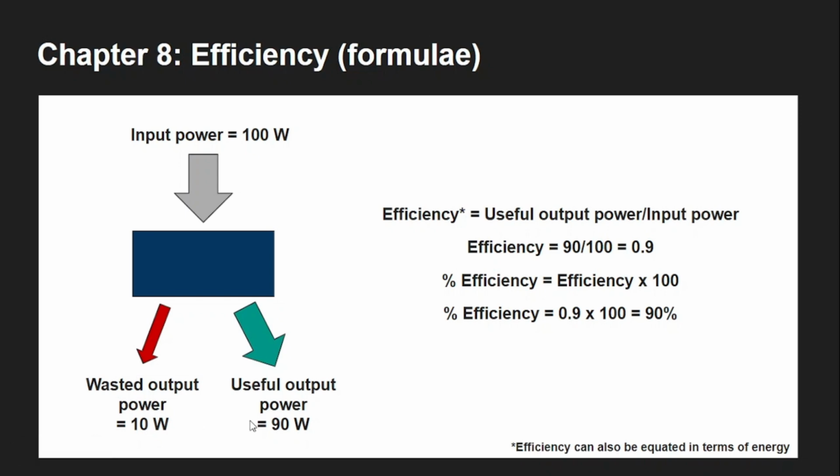But most of the energy, 90 watts, is doing what it's meant to do, which is heat the surroundings up. So the efficiency is the useful output power, in this case 90 watts, divided by the input power, which is 100 watts. Efficiency is 90 divided by 100, or 0.9. If you multiply it by 100, you get the percentage efficiency, which is 90%. I've left a note here that efficiency can also be equated in terms of energy. That is just something to keep in mind.